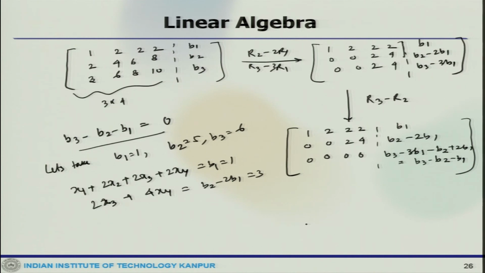So, the final solution vector should be the sum of the pivot variable part and the free variable part.